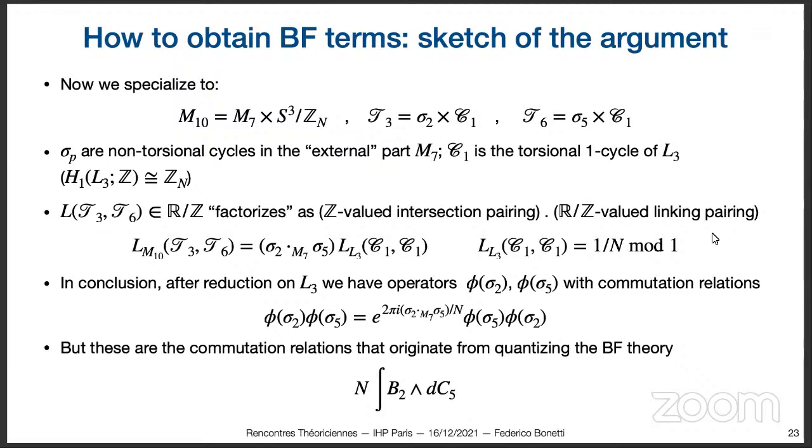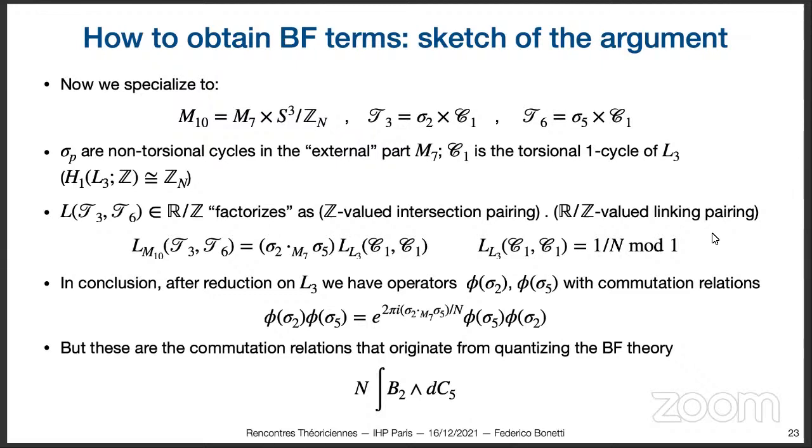Now it's a fact in this game of linking pairings that the linking pairing of these factorized cycles factorizes in a nice way. One factor is an ordinary intersection of these things I'm calling sigma 2 and sigma 5. These live in external space-time, and their intersection is just an integer. Then we're left with another linking pairing inside our lens space, this quantity L inside L3 of curly C1 with itself.